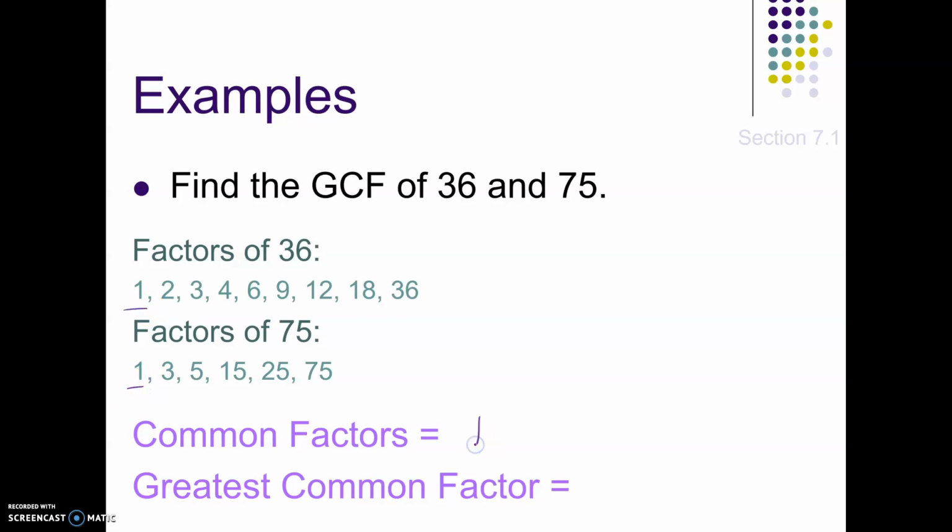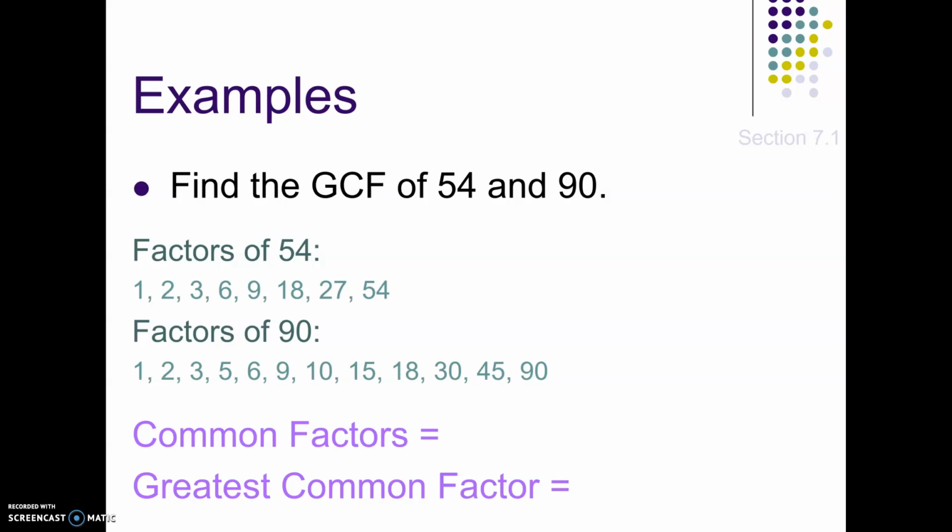I see that they both share a 1 and they both share a 3. I see no other factors that show up in both lists. So between those two common factors, the largest one is 3. And so the GCF of 36 and 75 would be 3. That's the largest number that will evenly go into 36 and 75 at the same time.